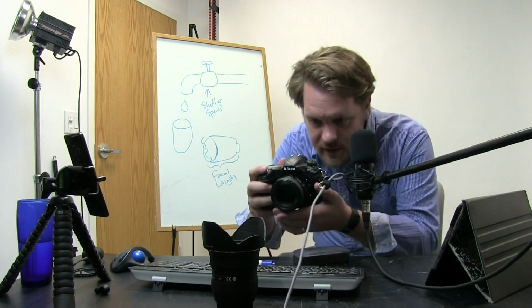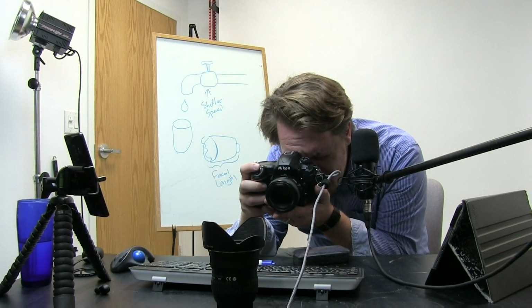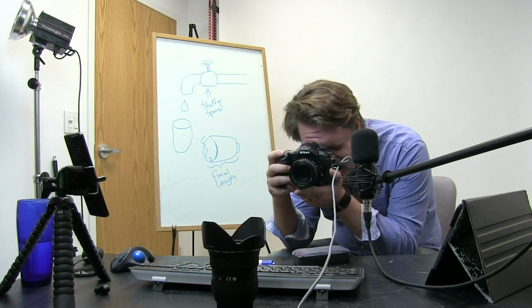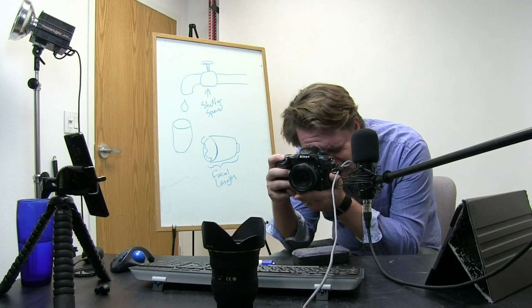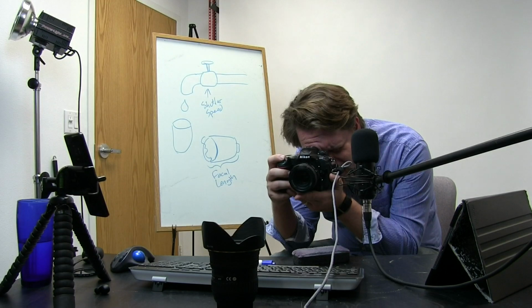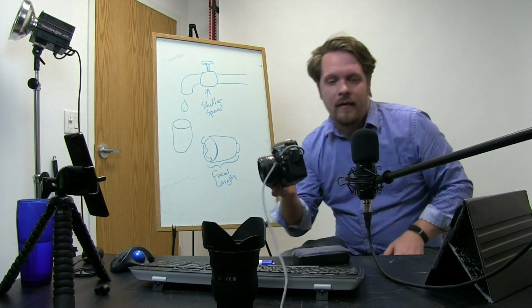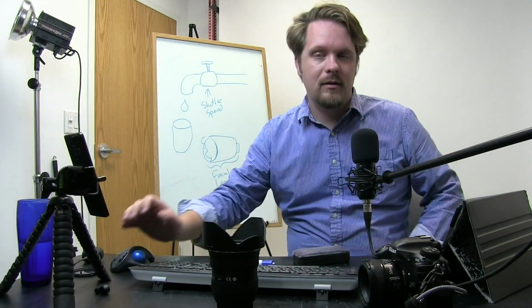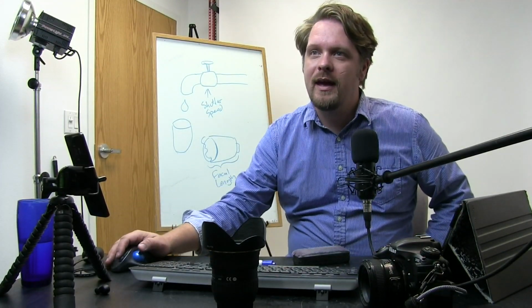We're just going to take a picture of this other lens. We're going to take it at f8. So that means that the focal length is 8 times longer than the aperture is wide on that setting.